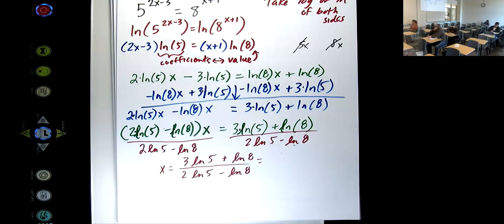Calculator, oh, calculator. Natural log is on another tab.